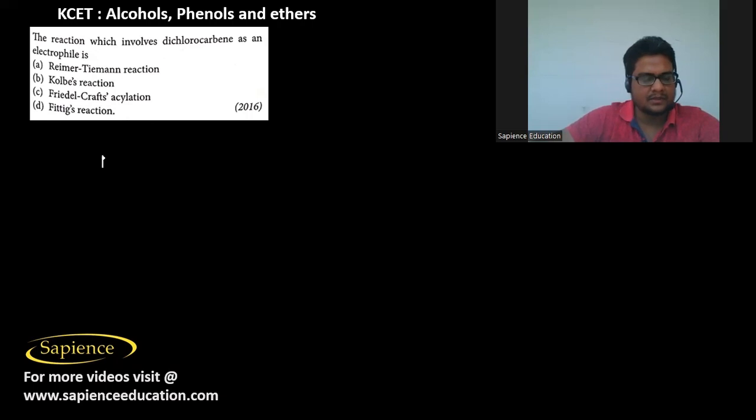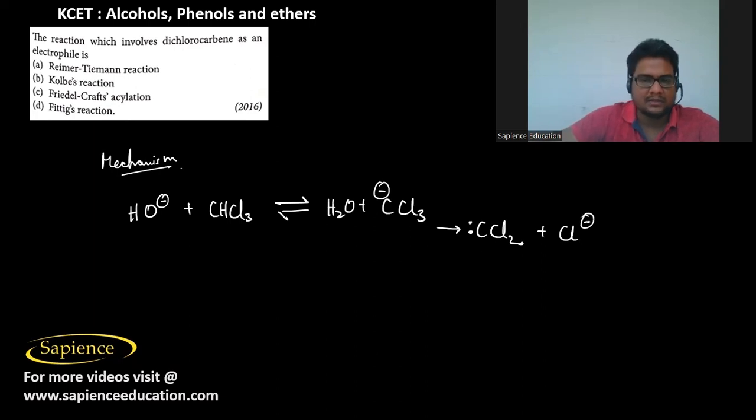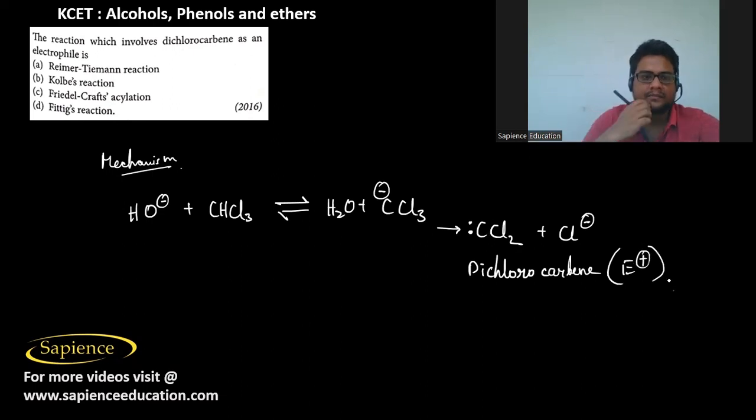So now the mechanism is that the OH minus ion will react with the chloroform to produce H2O and CCl3 minus, which will give CCl2 plus Cl minus. Now this CCl2 is called the dichlorocarbene, which is an electrophile, E plus.